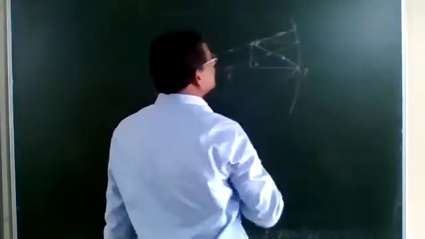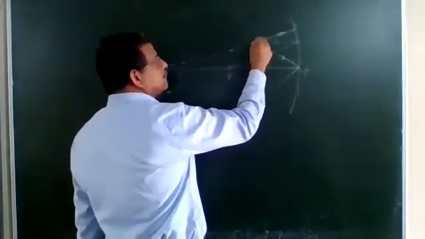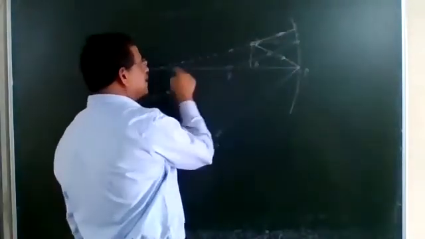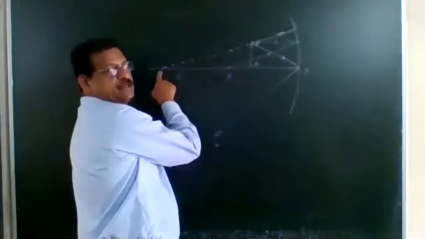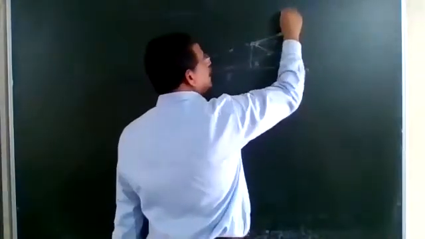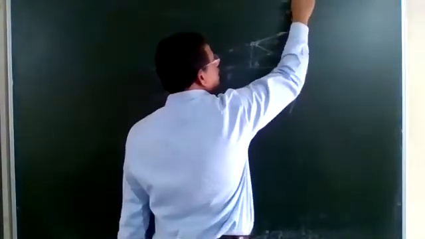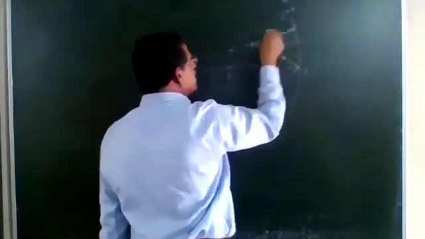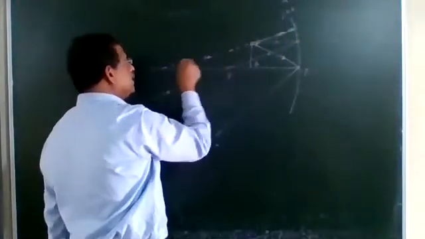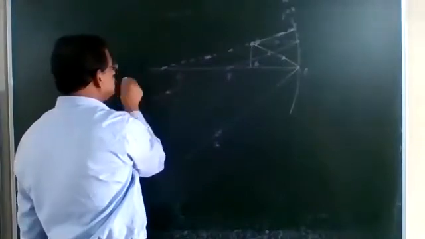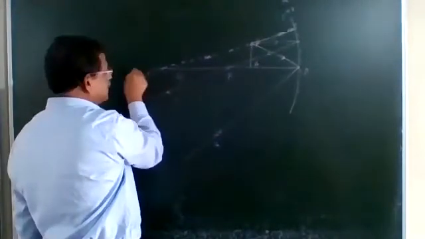Third ray: this light ray coming from A reaches the mirror along the normal through C, so i is equal to 0, r is equal to 0, and it retraces its path. This is the third one.